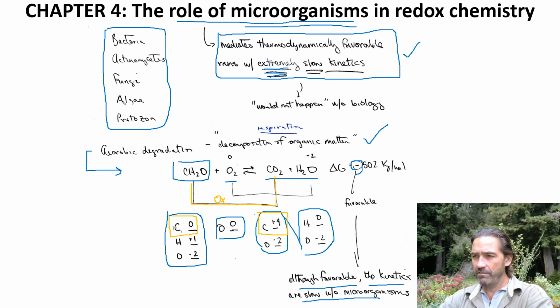And oxygen, we have O2, oxygen in the elemental state, therefore its oxidation number is 0, and it's converted to water, where oxygen has a -2 oxidation number, therefore this is where it became reduced.